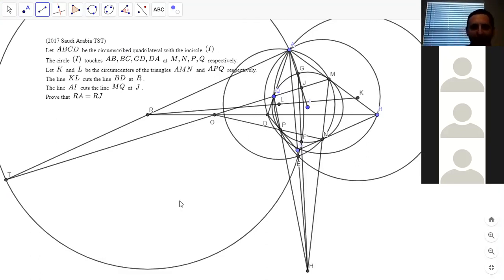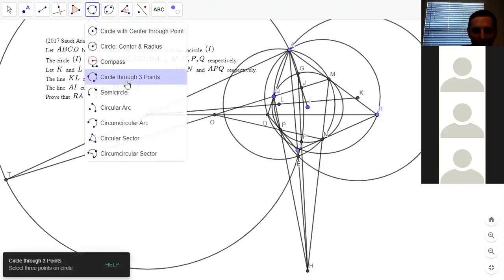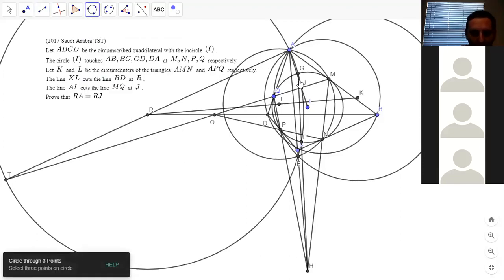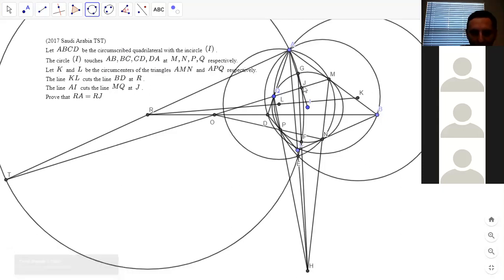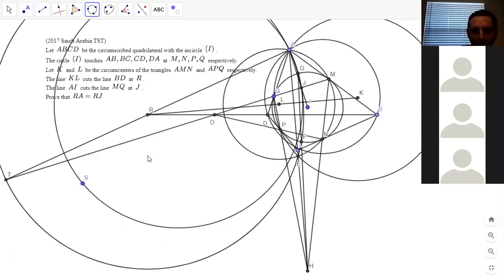It almost looks like AMHT is cyclic, although I would be very surprised if that was true. Actually, maybe AJHT. No, that can't be.